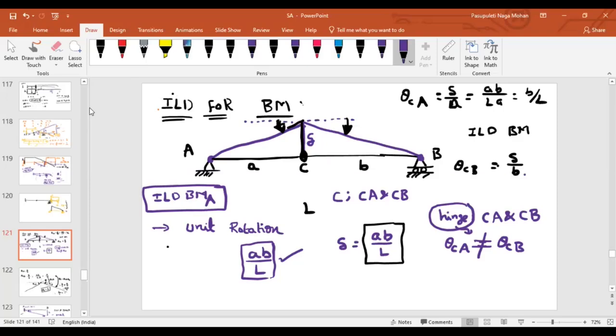What about Vishnu? Can you please type it? What about your answer? ILD for bending moment at A. Sir, does it look like the first beam?